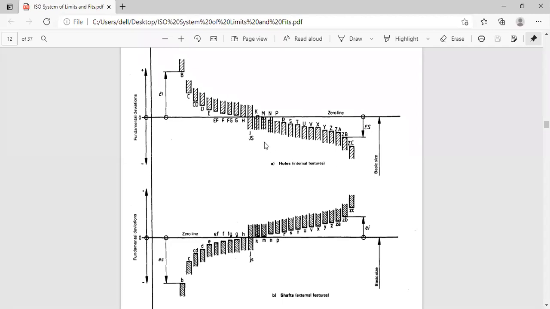Apart from that, we have the JS. So totally in the alphabets, five letters are missing: I, L, O, U, W, and that is 21. And you have to add this JS 22, and ZA, ZB, ZC. So you have 25. You should not say tolerance grades, but the alphabets related to the fundamental deviation representing the holes, that is the internal features.